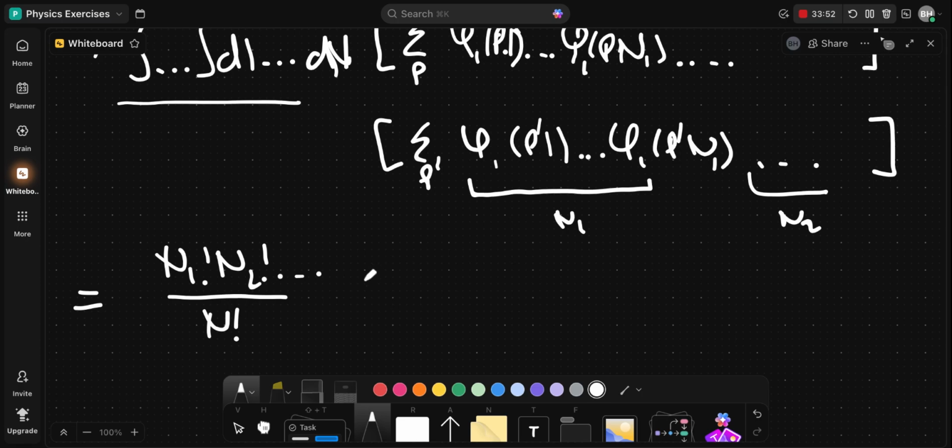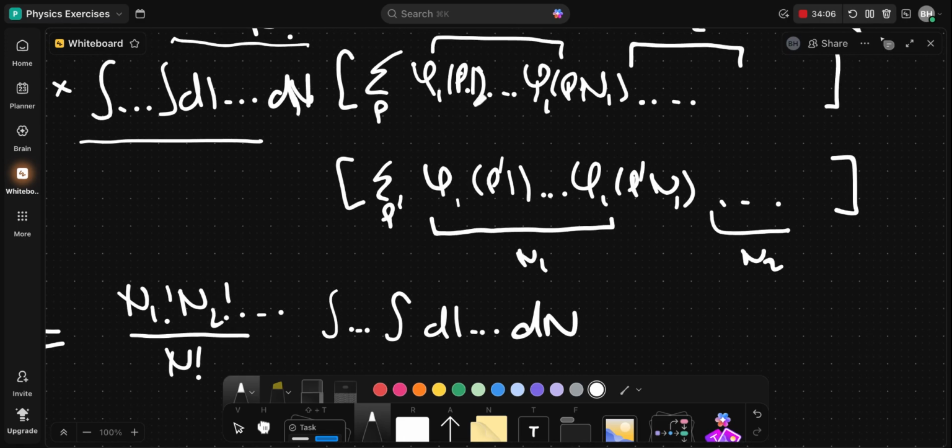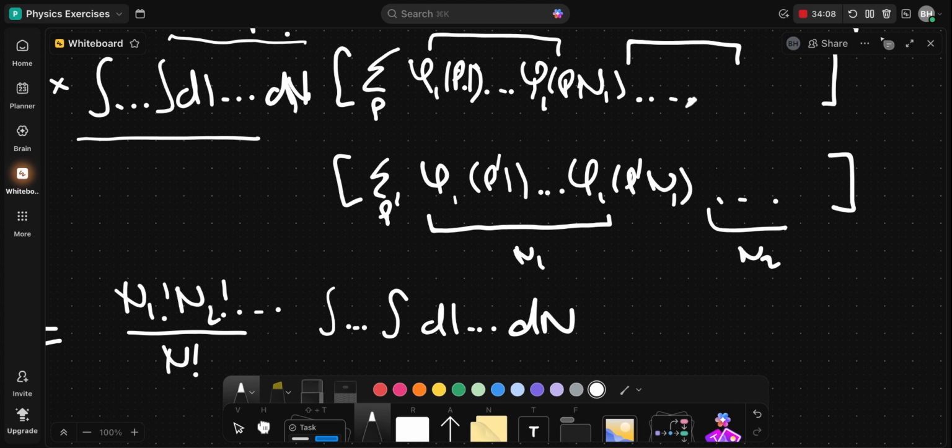And I'm going to now use the fact, so let me write my integrals here, d1 through dn, that I don't need two sums anymore, because we determined that the cross terms integrate to 0.